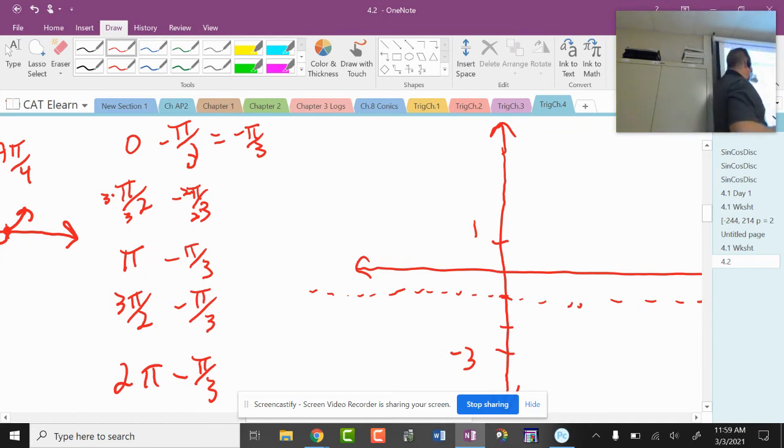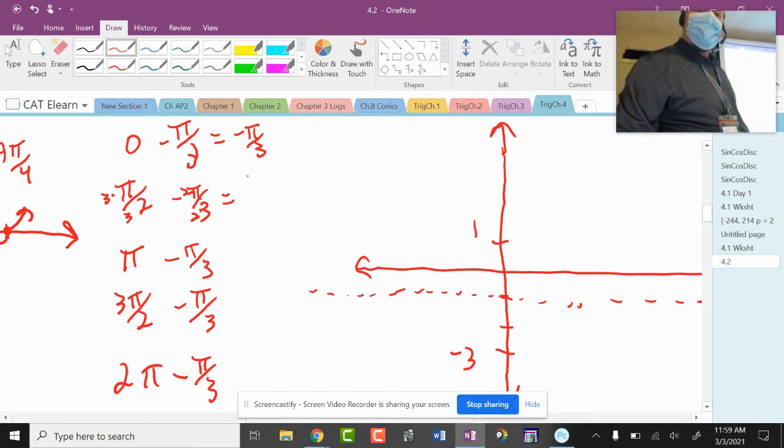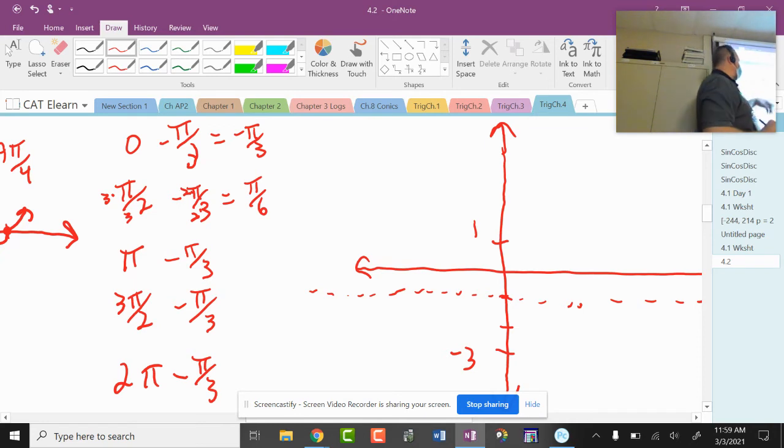What's 3 pi over 6 minus 2 pi over 6? Pi over 6. Moving on to Natalie, what's the common denominator for this one? So what do I have to multiply pi by? 3. So I have to multiply by 3 over 3. What's 3 pi over 3 minus pi over 3?